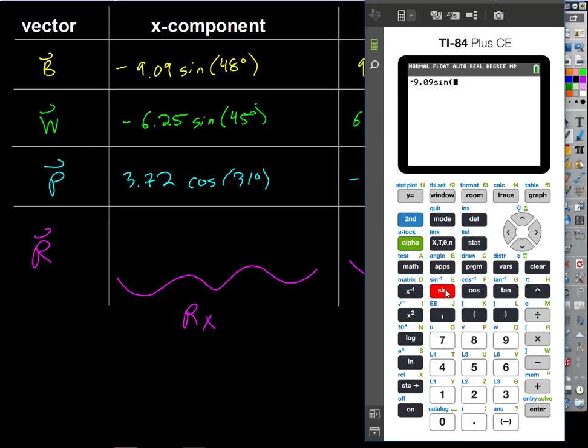9.09 sine 48. Minus, right, minus 6.25 sine 45 plus 3.72 cosine 31, okay?